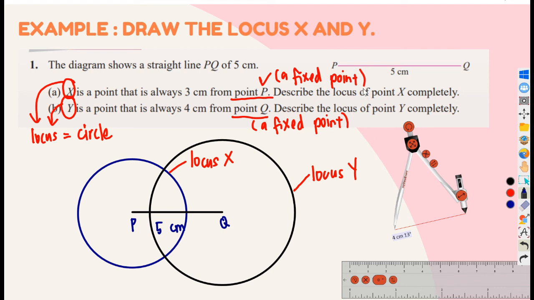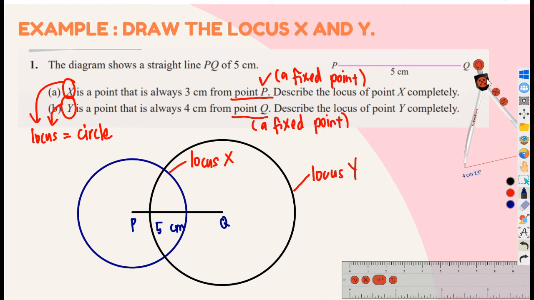Now you already drew the locus, so now we want to describe the locus of point X completely. When you draw, you can describe it. For part A, what is locus X?